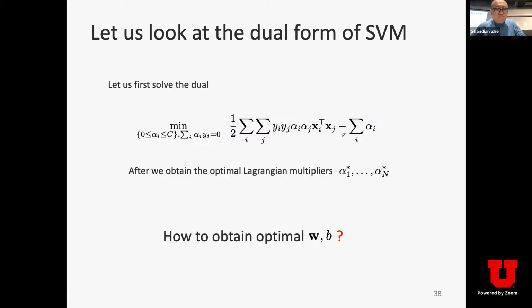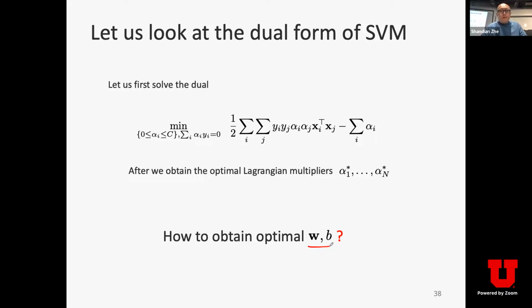But right now, let us first consider another problem. After a series of mathematical derivations and simplification, we get this dual form. We solve that, we know that it is equivalent to solving the primal form. But the problem is once we have obtained the optimal Lagrange multipliers alpha 1 star to alpha n star, how do we recover the optimal W and B?